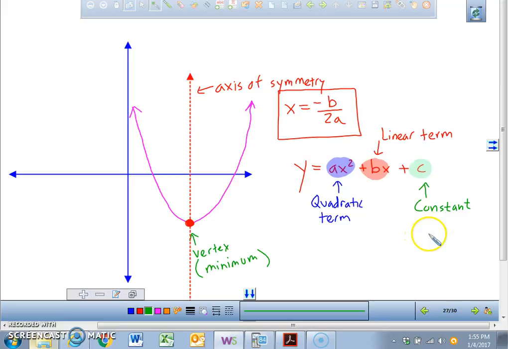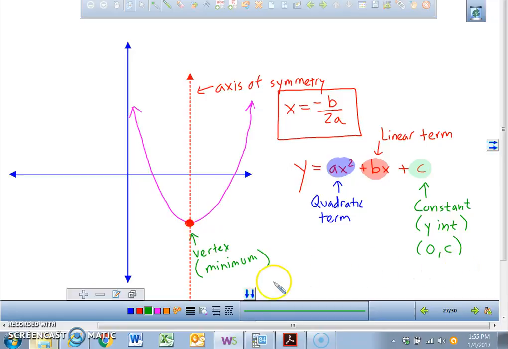By the way, in a quadratic function, the constant right here at the end will always be your y-intercept if it's in this form. Okay? That constant at the end. So think of your y-intercept as being 0, comma, whatever that number is, whatever that c value is, that will be your y-intercept every single time, if it's in this form.